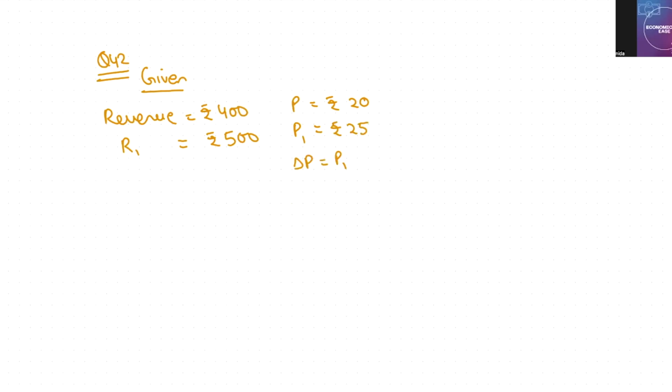Revenue based questions can also come. Revenue, I'll write R in small, rises from rupees 400 to rupees 500, when the price of its product rises from rupees 20 to 25. So very quickly just find out delta P. So you will get this much.